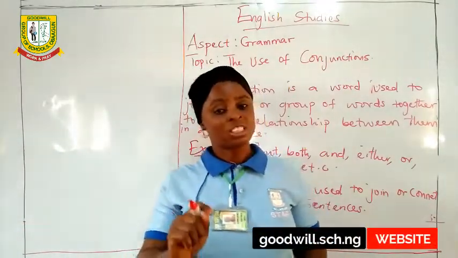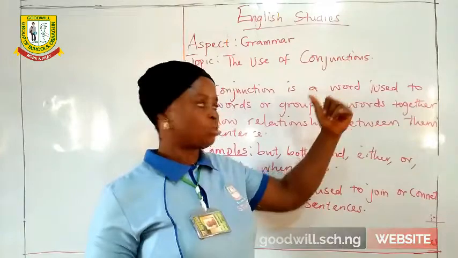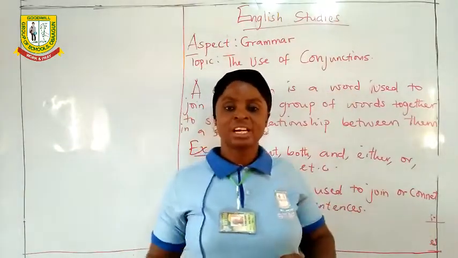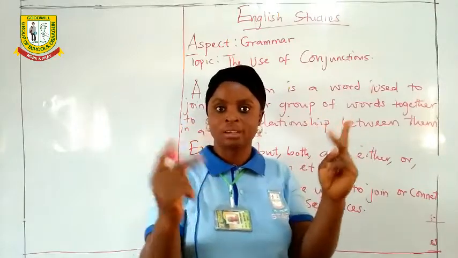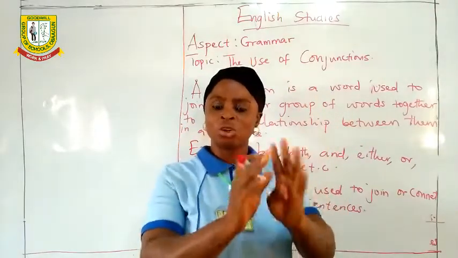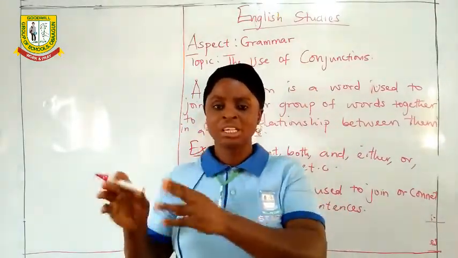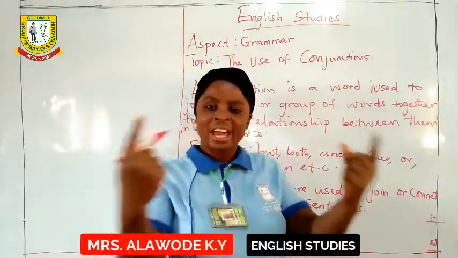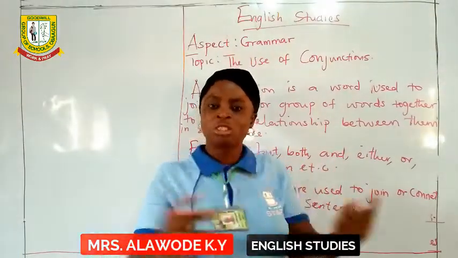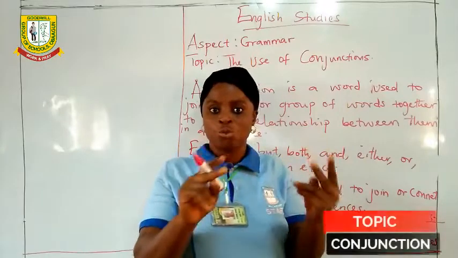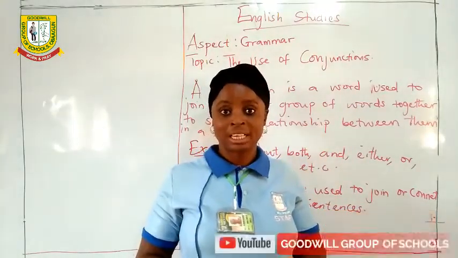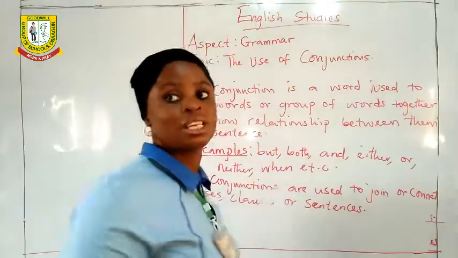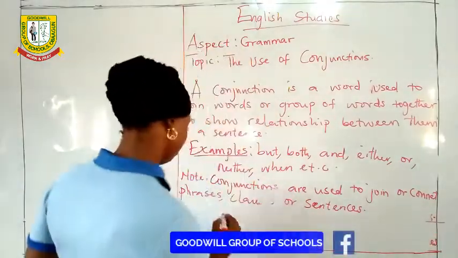So from that first example, when I was explaining the definition of conjunction, I said it is used to join words together. So Emmanuel on its own is a word, Jude is also a word. So and is a conjunction that joins the two words. I believe you are getting me. Do you understand that? So let's consider the examples.